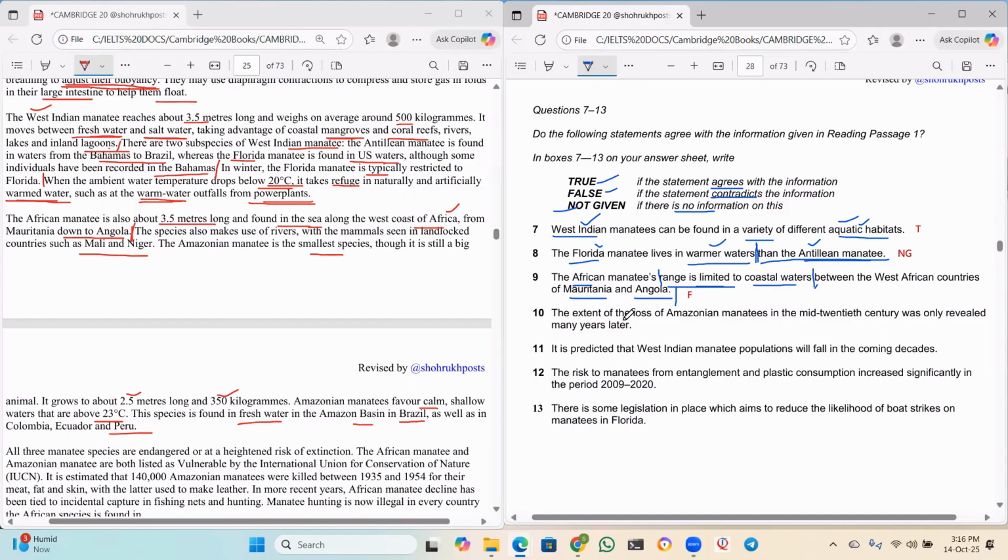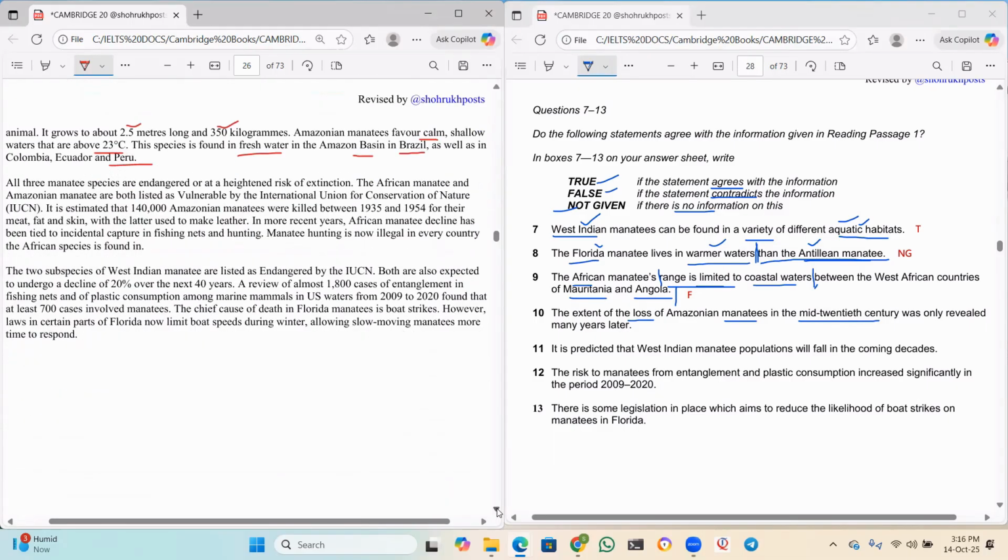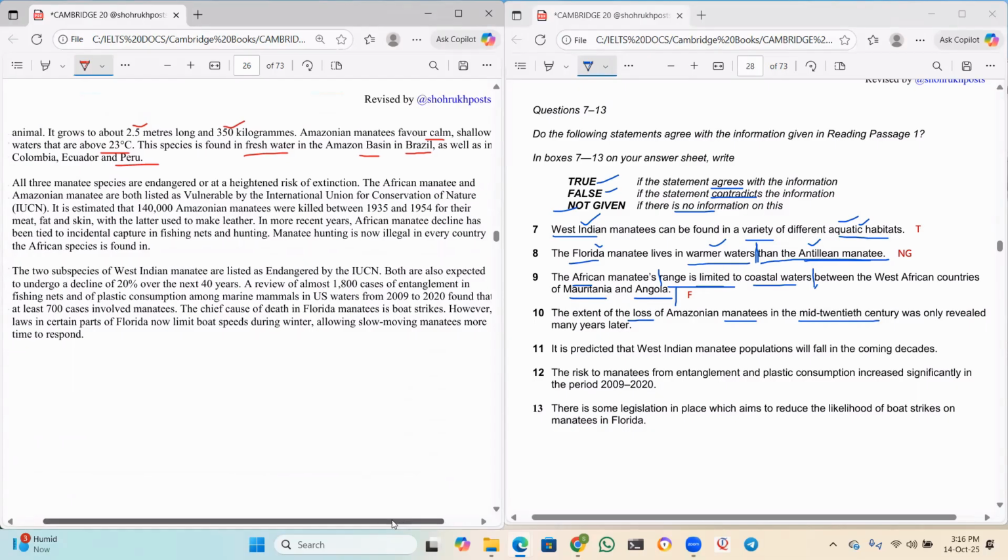Now, the extent of loss of Amazonian manatees in the mid 20th century was only revealed many years later. For that to answer, we have to read the next paragraph also, I guess. All three manatee species are endangered or at a heightened risk of extinction. The African manatee and Amazonian manatee are both listed as vulnerable by the International Union for Conservation of Nature, IUCN.